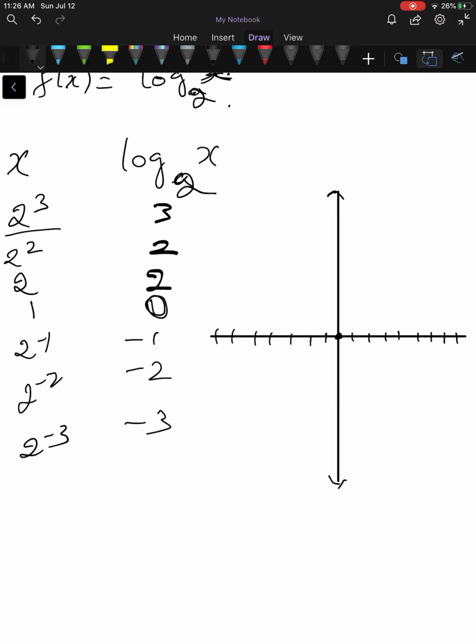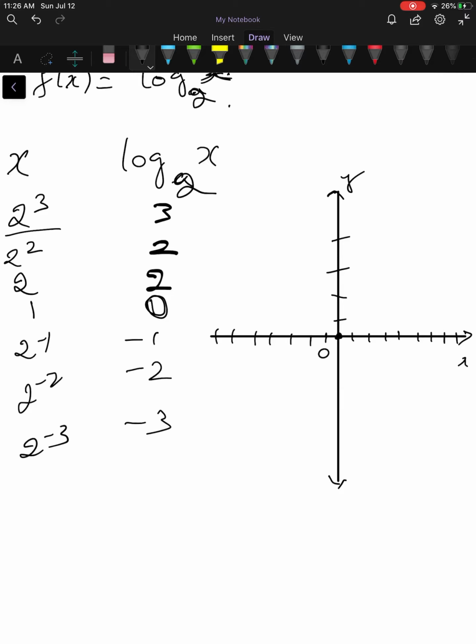Negative values are not considered at all because the domain is the open interval 0 to infinity, that is, only the positive axis of x, and the y values will go up to 0, 1, 2, 3, 4. I have written one value wrong here, so this has to be 1.